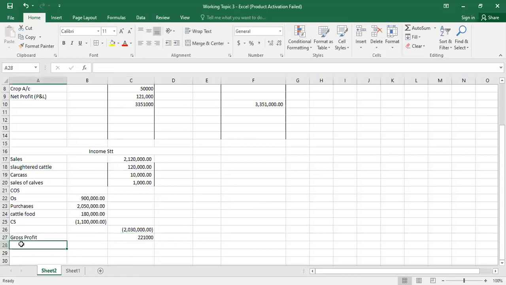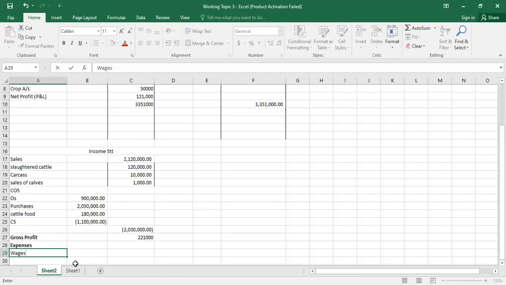Then we less our expenses. So the expense items, give me the expense items. Wages. We have wages.